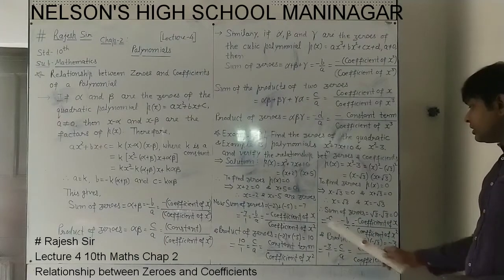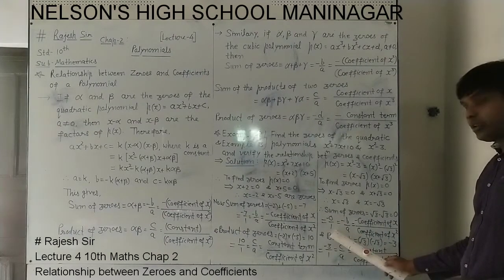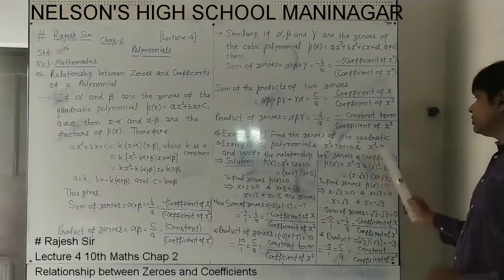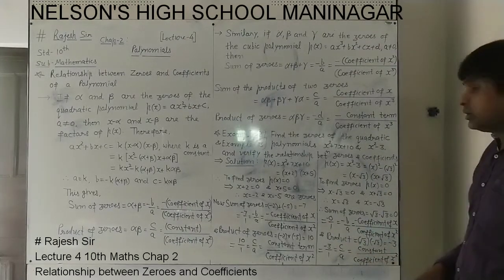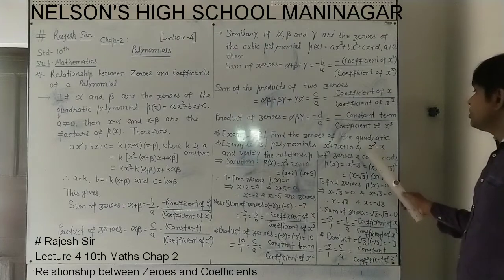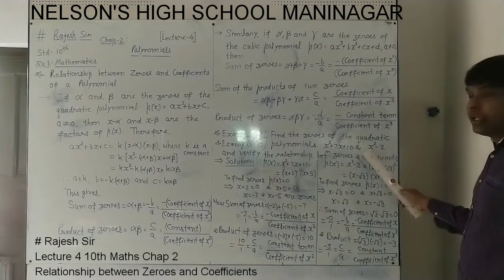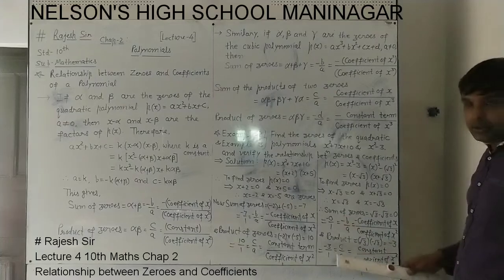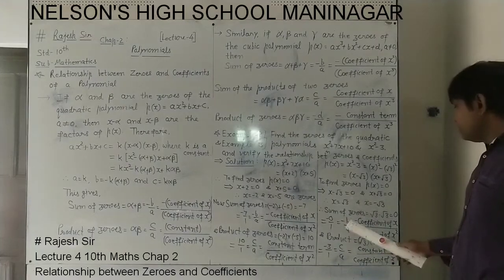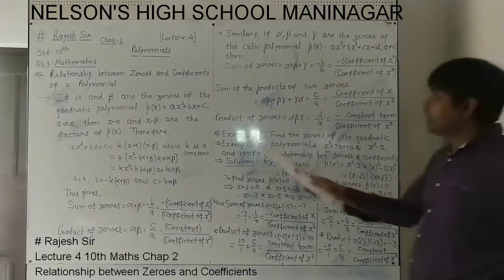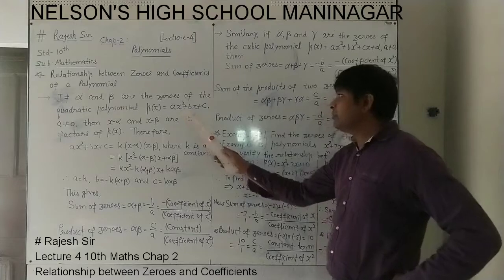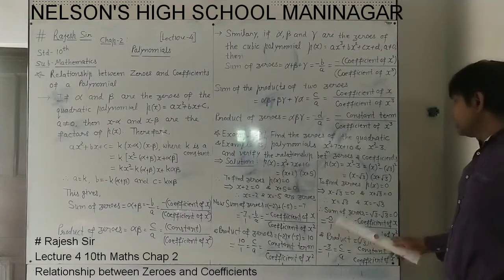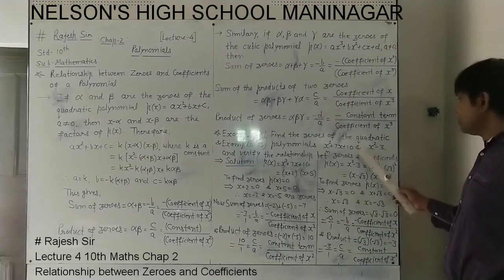This 0 can be written as minus 0 upon 1. In the given expression, you can see the x term is not there. Only x square is given and the x term is not given, so we will consider it as 0x. If we consider 0x, then b equals 0. So in place of 0 we can write b there, and a is the coefficient of x square, which is 1.